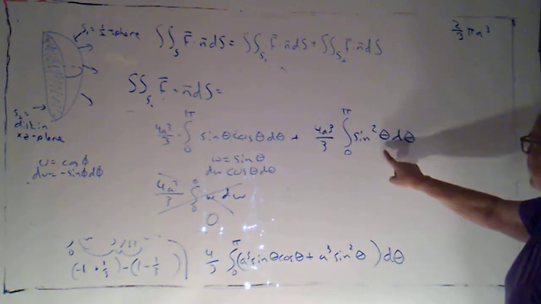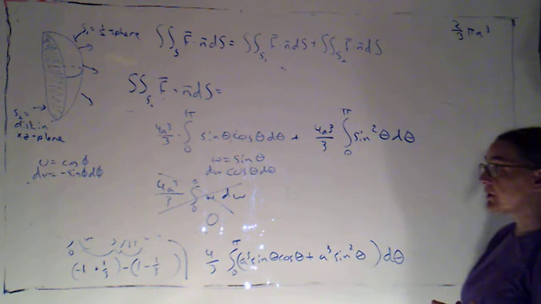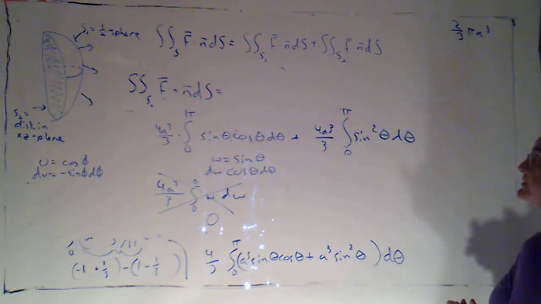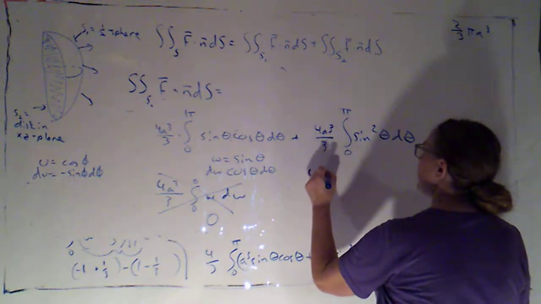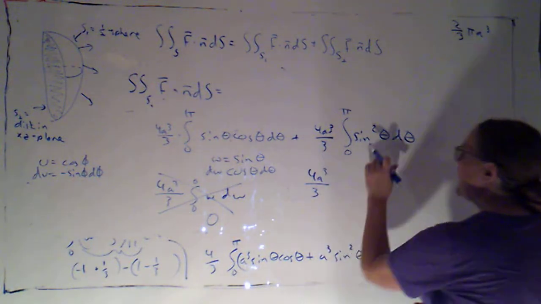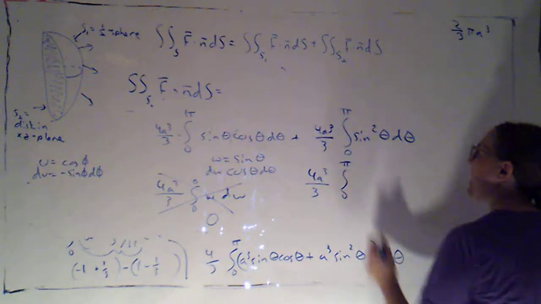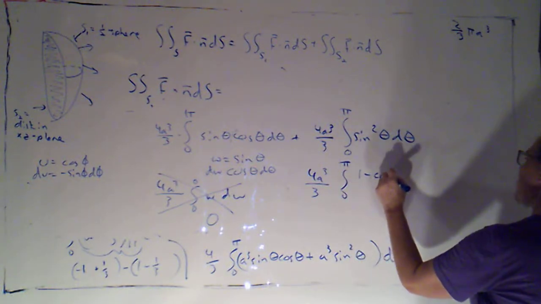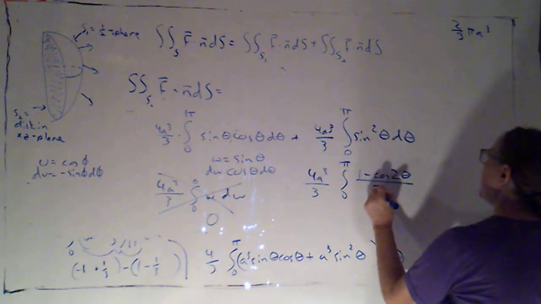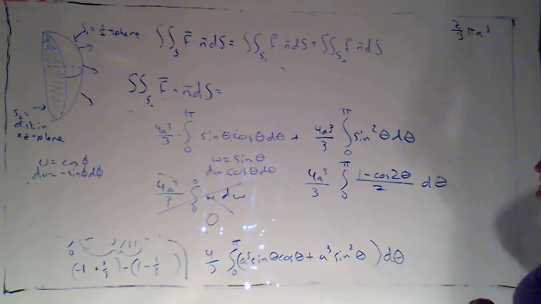I want to remember that if I'm integrating an even power of either sine or cosine, I'm using the double angle formula for cosine. So we've got 4a cubed over 3, integral from 0 to pi. Sine squared is the same as 1 minus cosine 2 theta all over 2 d theta.